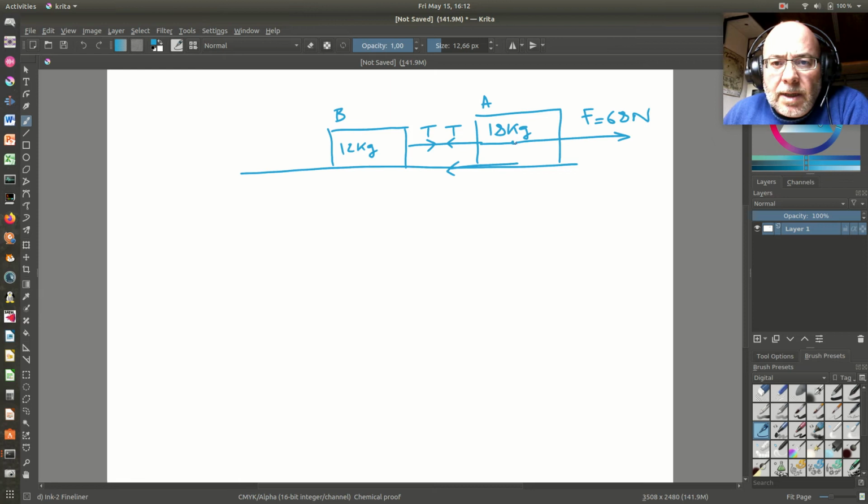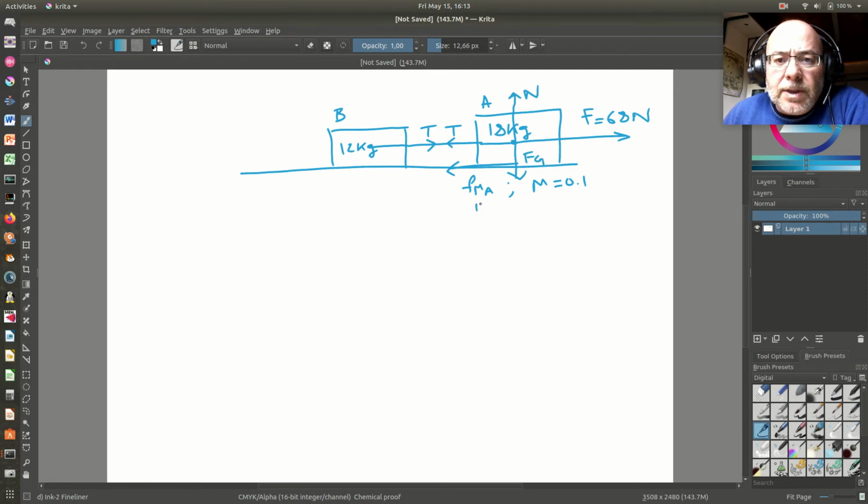Now they both have the same coefficient. So let's refer everything to the center of the block. We have a friction force, let's call it F mu A, where mu is 0.1, and as we know the normal goes up and the gravitational force goes down.